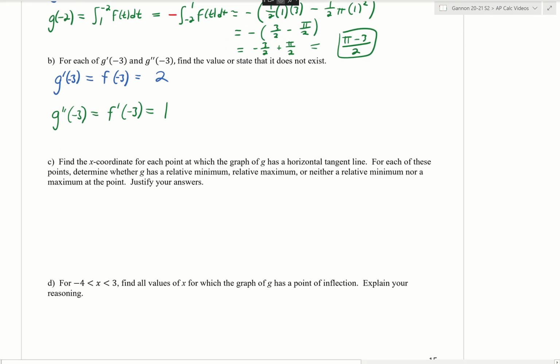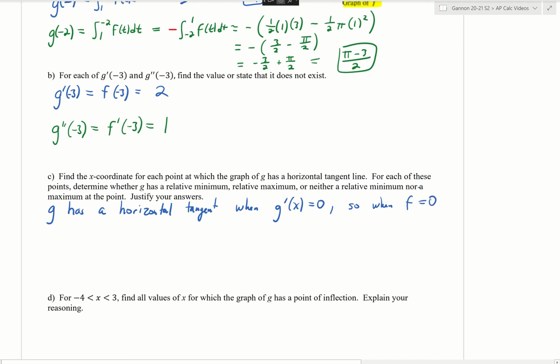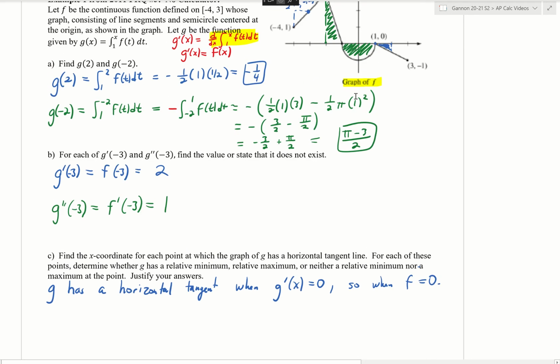So what I'm thinking here is g has a horizontal tangent when g prime equals 0, which basically means when f equals 0, because as we stated above, g prime of x equals f of x.